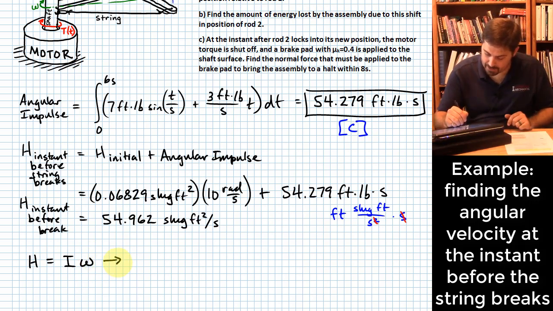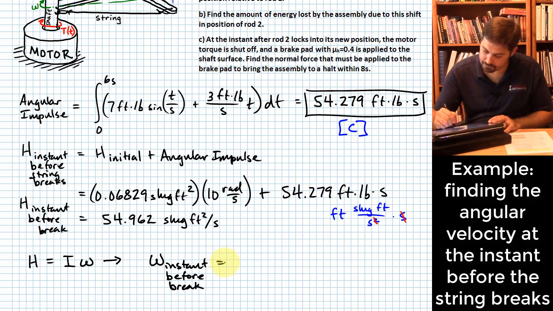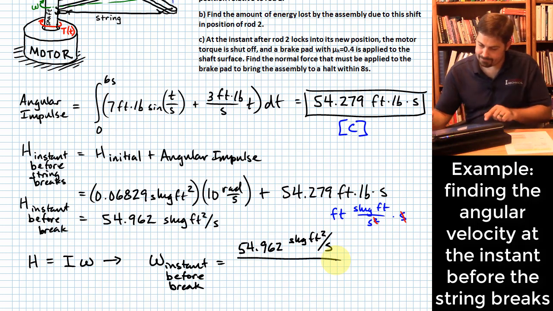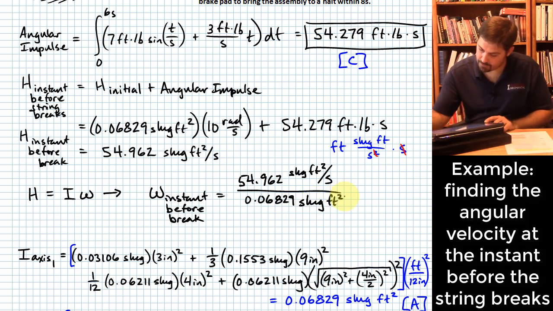And so because I know that omega is h over I, that means omega, again at that instant before the string breaks, is just going to be equal to h over I, which is 54.962 slug foot squared per second, divided by 0.06829 slug feet squared.